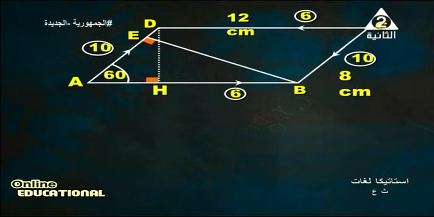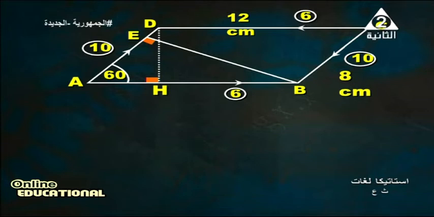Also, in triangle BAE, what is the length of BE? BE is opposite angle 60 and the measure is a right angle. Therefore, BE equals AB sine 60. What is the length of AB? 12. Therefore, BE equals 12 sine 60, and we know sine 60 is root 3 over 2.